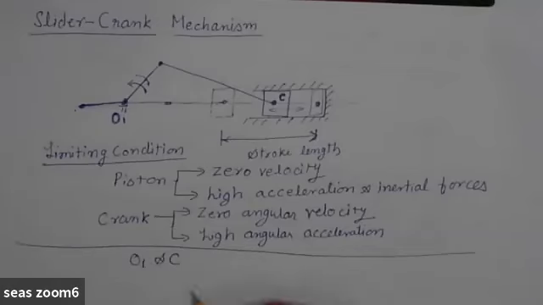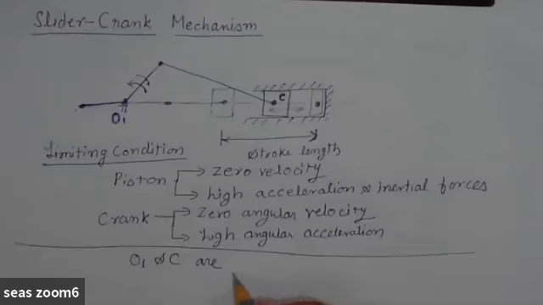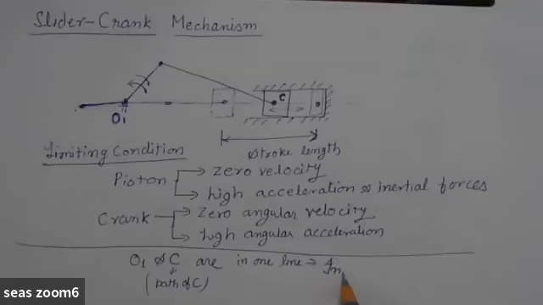So I can write that when O1 and C, or better to write the extended path of C, otherwise you get confused, the path of C are in one line, then this kind of mechanism is called an inline slider crank mechanism.